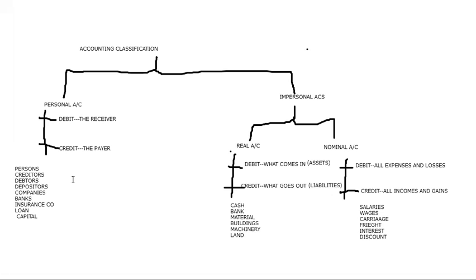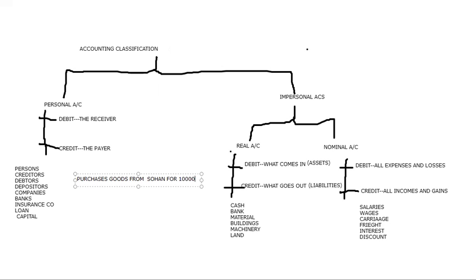So here, what am I going to do? First, let's assume the transaction or event that has occurred is: purchased goods from Sohan for rupees 10,000. So this is my transaction.